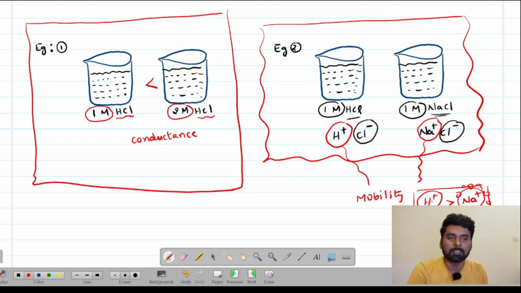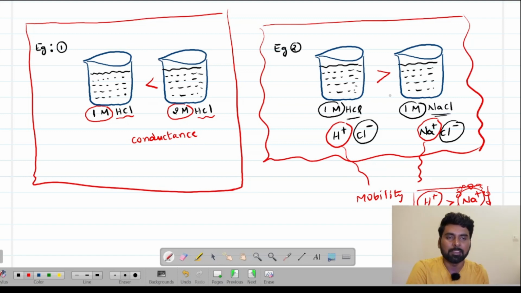But remember that whenever you are considering the mobility of an ion, you always need to consider the hydrated sphere of that ion. No doubt Na plus will move only with its hydration. So here I wanted to tell that H plus mobility is greater than Na plus. Based on that, out of these two solutions, the HCl solution will show more conductance than NaCl. So that is the point.